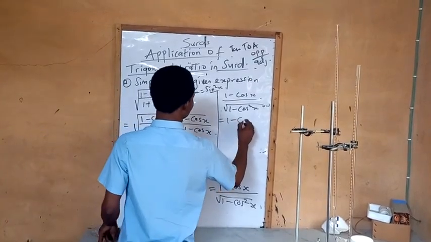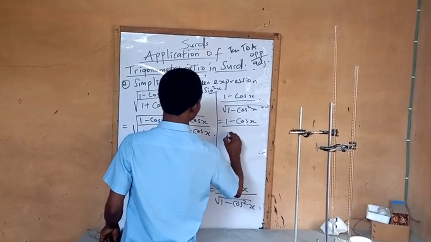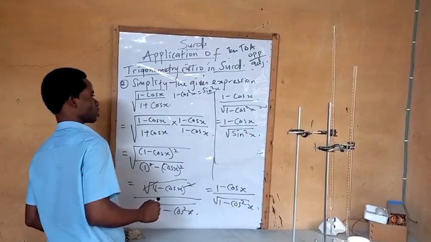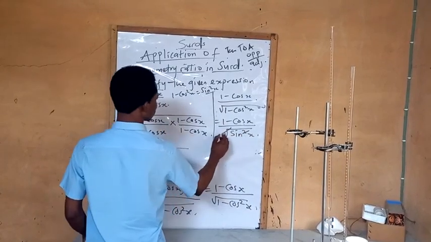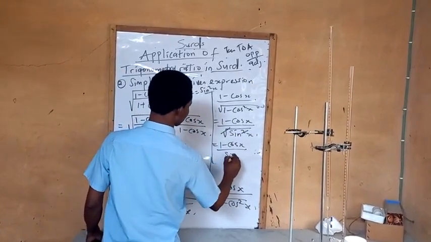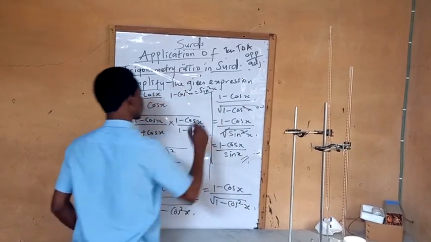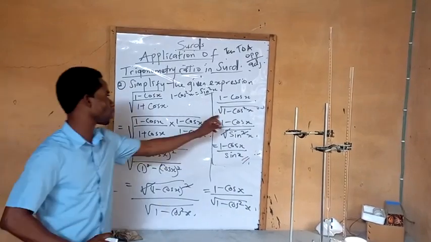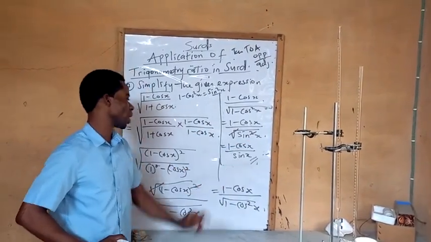That means 1 minus cos x over the root of sine squared x. So the square will now cancel the root. So you call 1 minus cos x all over sine x. So that is 1 minus cos x over sine x.